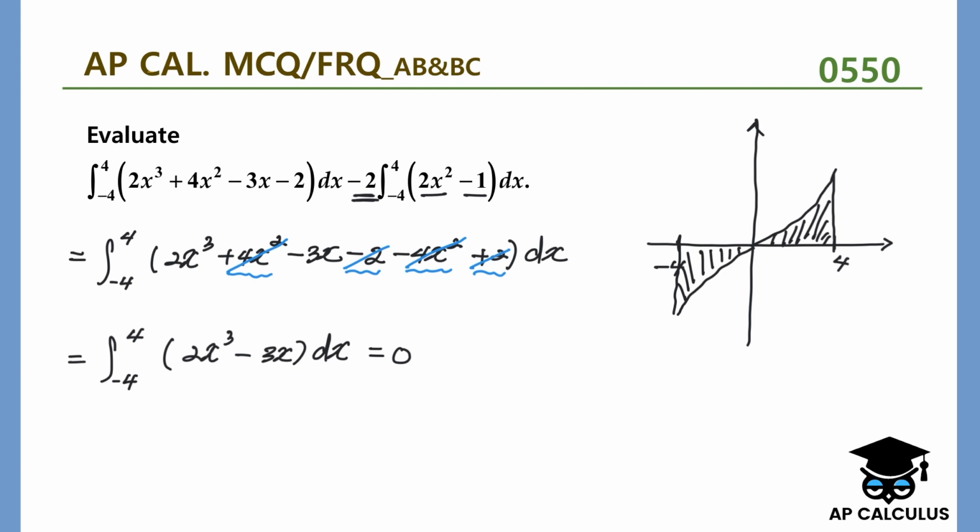But when we find the value of the definite integral, this is going to be positive area, and this is going to be negative area, right? So the sum of these two values is going to be equal to 0, right? So if this function is odd from -a to a, then this definite integral is always equal to 0.